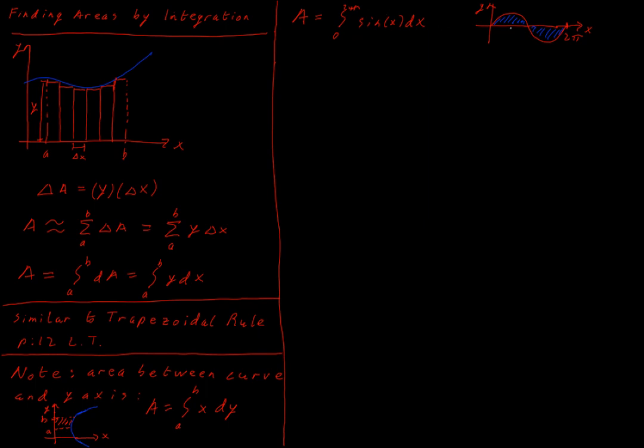If we want to know the area between the x-axis and the function sine x from 0 to 2 pi, very simple integral to start off with. Now, immediately we might have a suspicion as to what's going to happen if we look at our sketch. We have area above the x-axis and area beneath the x-axis, and we know our area comes from multiplying the y value of our function by a little delta x.